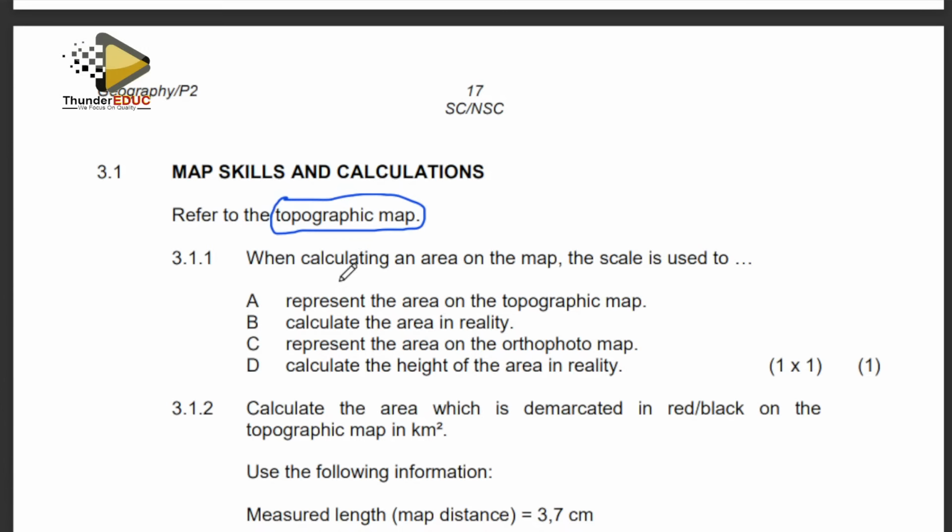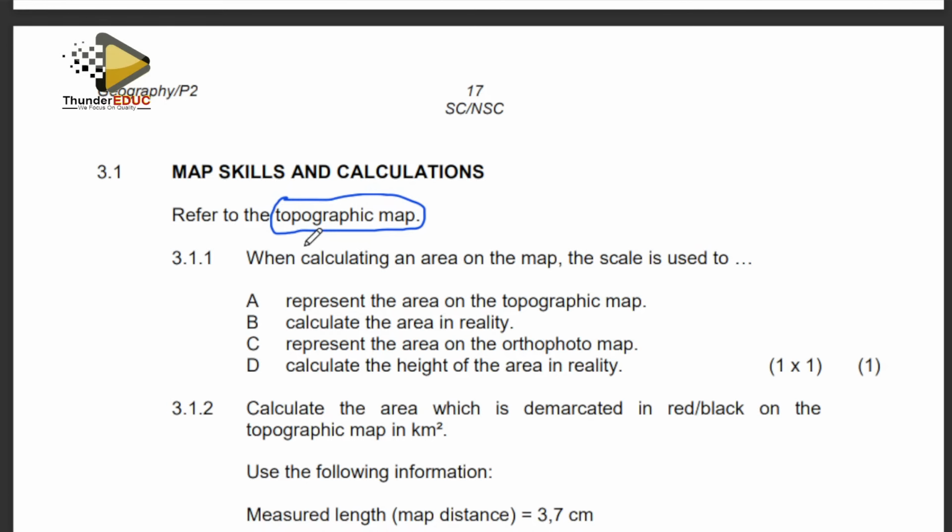And it says, when calculating an area on the map, the scale is used to: number one, represent the area on the topographic map; number two, calculate the area in reality; number three, represent the area on the orthophoto map; number four, calculate the height of the area in reality.